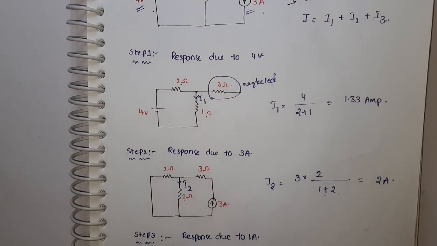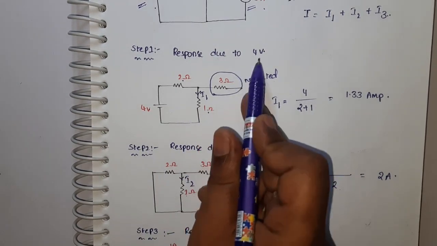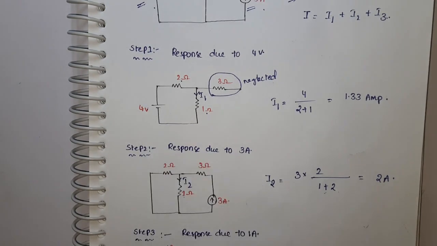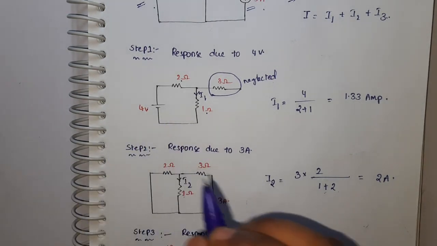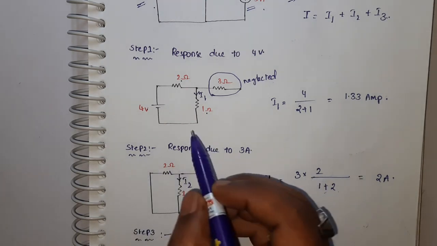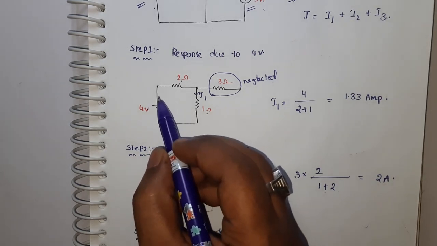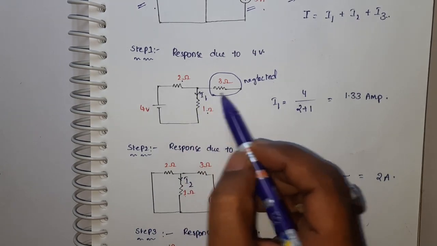Step 1, response due to 4 volt. So 4 volt is considered. So the other two current sources must be open circuited. We opened that. The equivalent circuit will become like this: 4 volt, 2 ohm, and 1 ohm and 3 ohm.